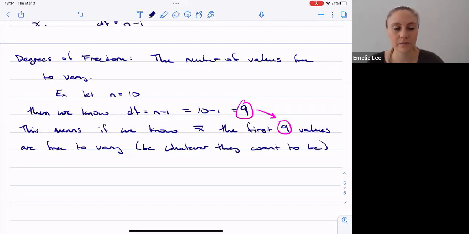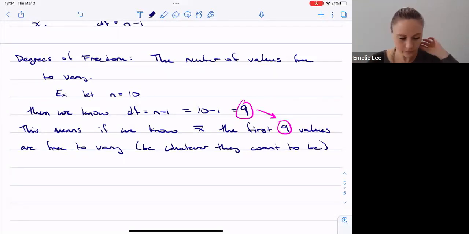So those first 9 values can be anything, and then to adjust for what they are, the 10th value is fixed, because we know what x bar is, so we know what we have to accomplish. And so that 10th value has to be the value that forces that x bar.